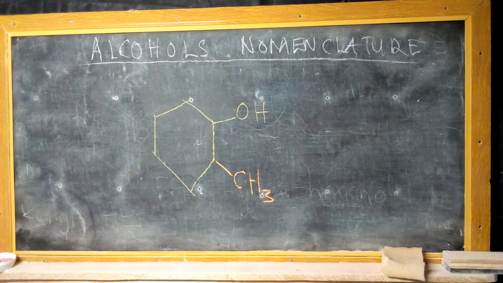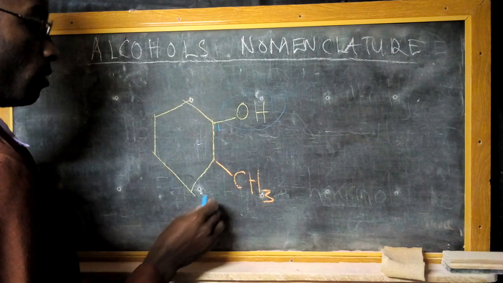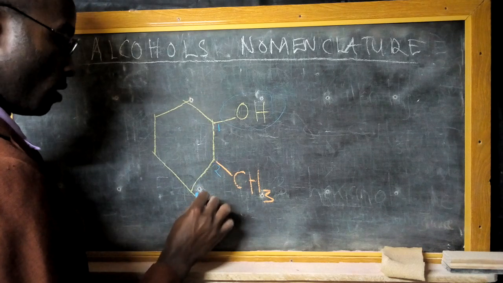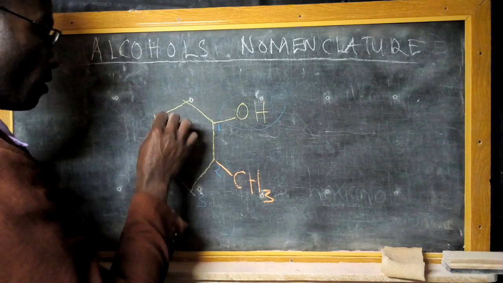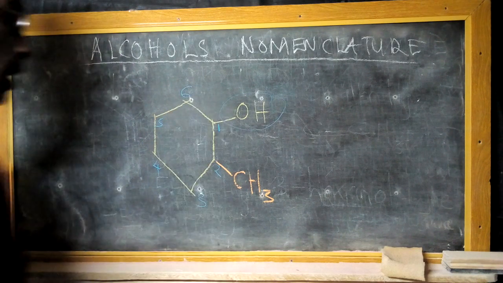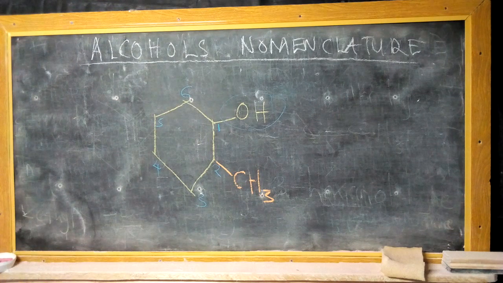In naming our alcohol, we say that numbering starts from the carbon that is attached to the OH group. So the numbering will start at that point: 2, 3, 4, 5. That's a 6-member carbon alcohol.